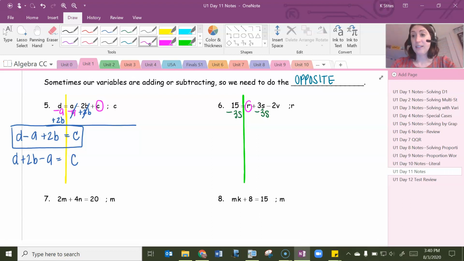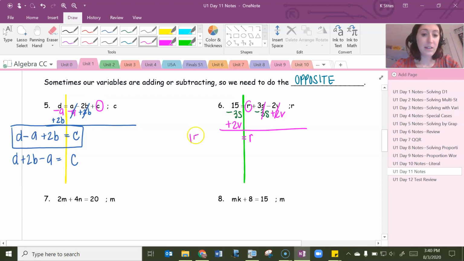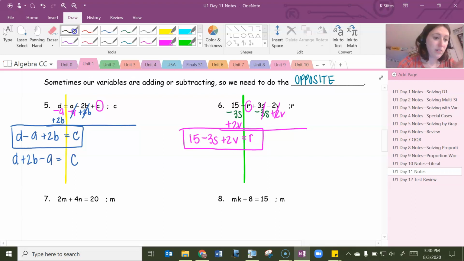The 2v is a negative, so I will add it once on each side. Cancel, cancel. R comes down, and then I just literally go in order of what it says. It says 15 minus 3s plus 2v equals R.